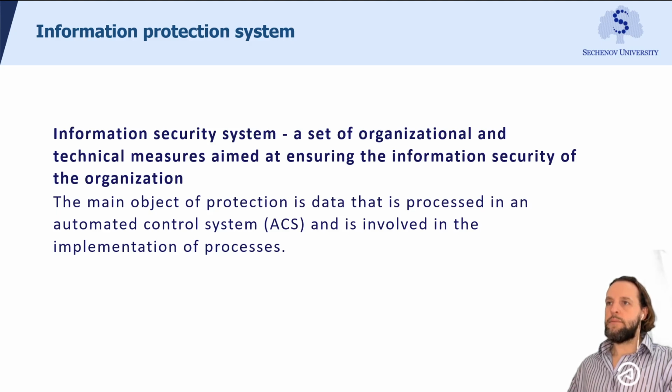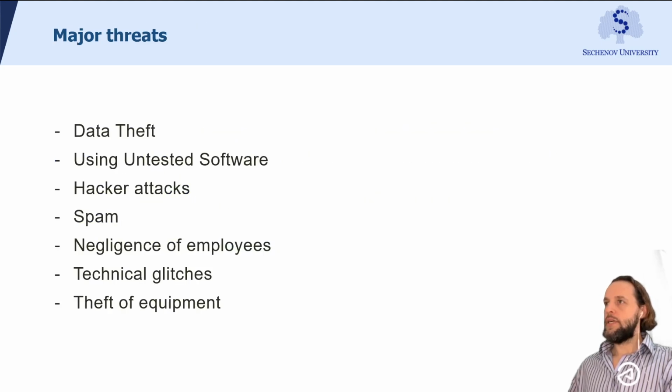Information security system is a set of organizational and technical measures aimed at ensuring the information security of the organization. The main objective of protection is data that is processed in the organization, and in multiple cases it will be processing with different automation systems. What are the major threats to secure data storage and exchange in healthcare?